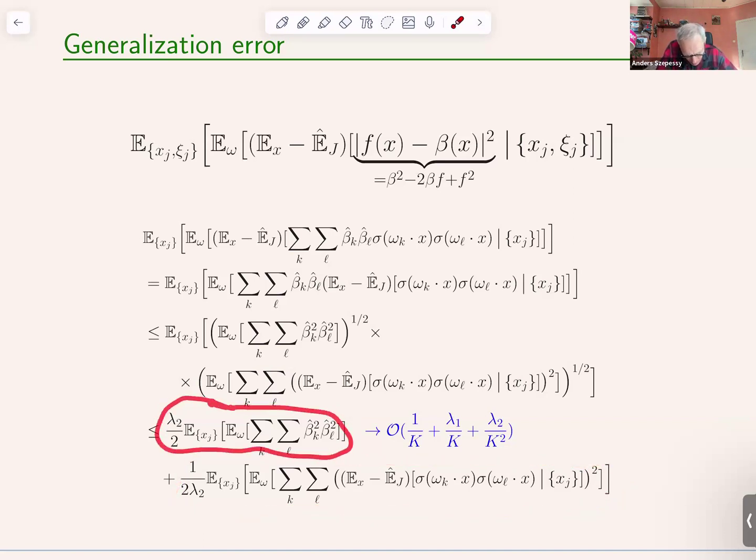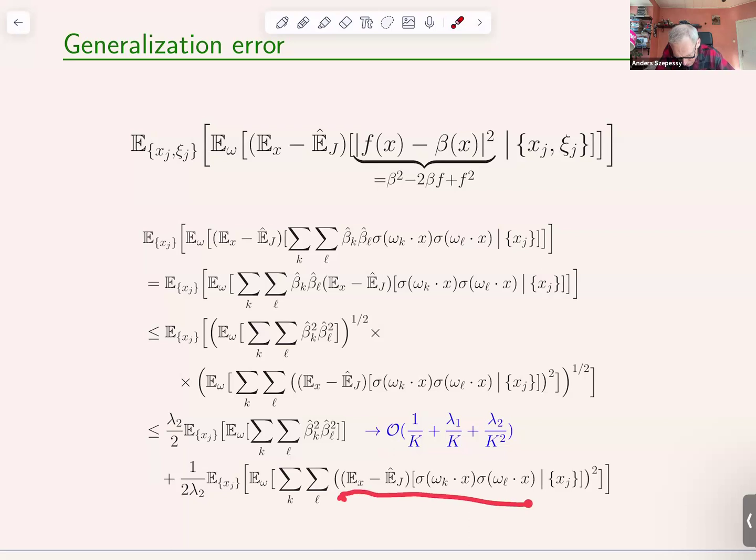First, that is direct from the estimate we have from the training error, because here we have the L2 norm to the power of 4, 2 times 1 here and then one other here with the sum over L. So that is handled by this term here. Lambda 2 times that is, if we have control of this term, we know that this term is bounded by this. And what remains is the other term.